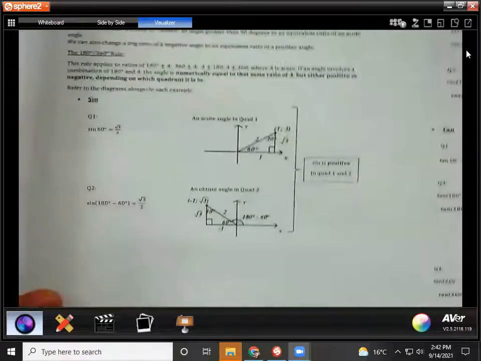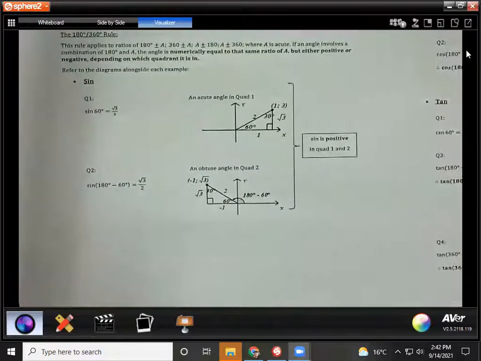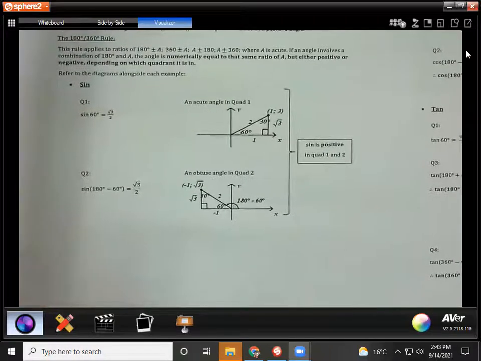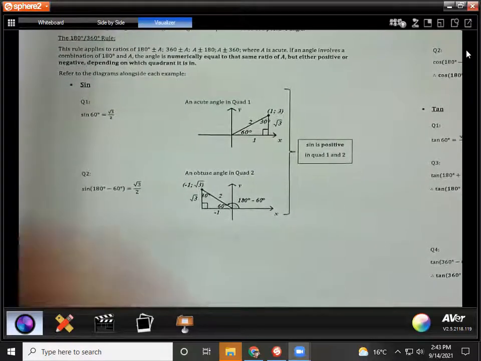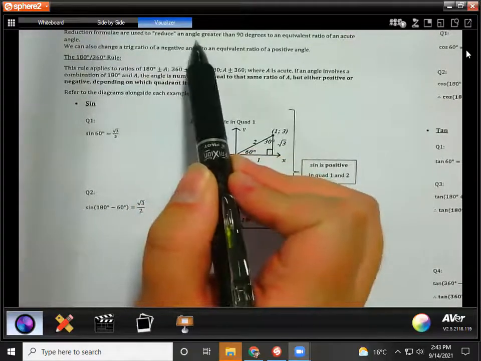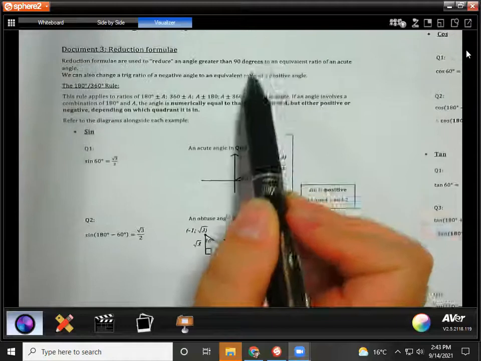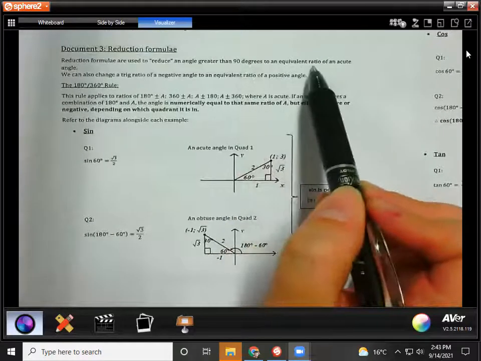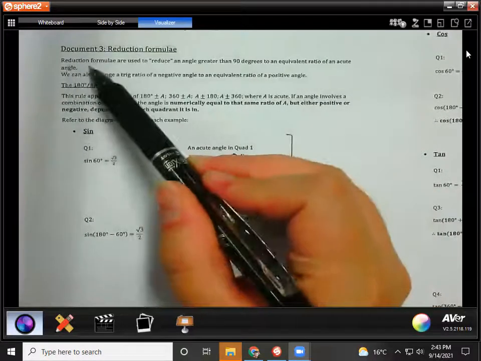Let's look at how they've summarized it here because this is a more general summary. They basically did the same thing that I did, but they've worked with 60 over here. They're saying reduction formulas are used to reduce an angle greater than 90 degrees to an equivalent ratio of an acute angle.